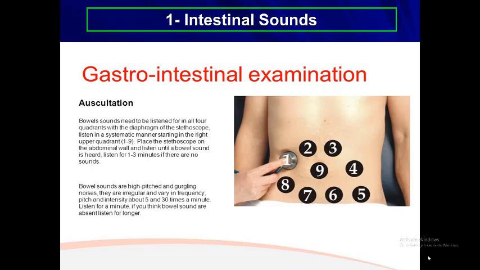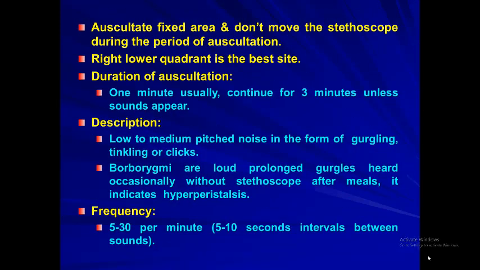After assurance with the patient, you can repeat. Auscultate at a fixed area. Don't move rapidly. The right lower quadrant is the best site. Duration of auscultation is usually 1 minute.